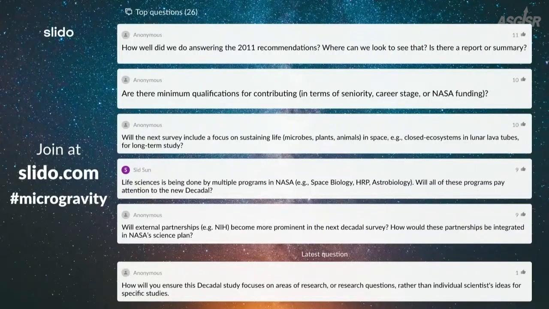But the other thing I would just point out is that if you want to know whether or not NASA is paying attention to the decadal, just look at your grant proposal process. Your grant proposal process has to include a nod to the various parts of the decadal that guide your particular science. They watch it very closely.